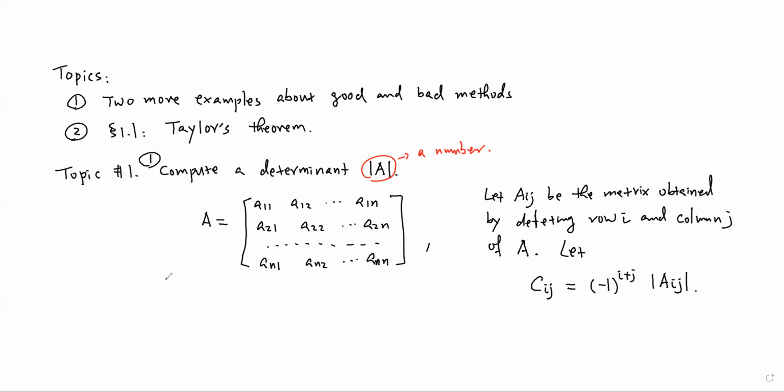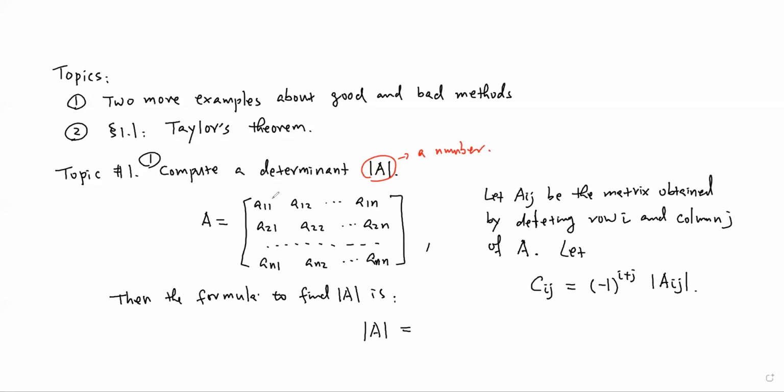Then the formula to find the determinant of an n by n matrix is, determinant A is equal to, look at the first row of the matrix.